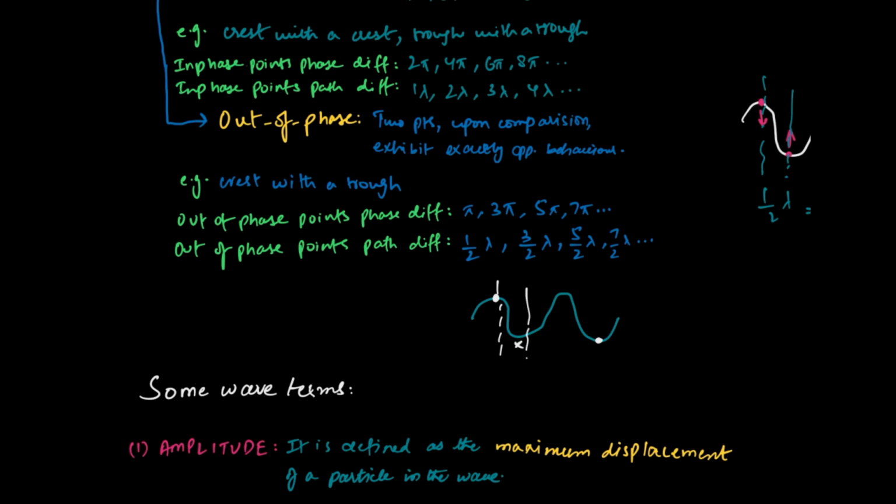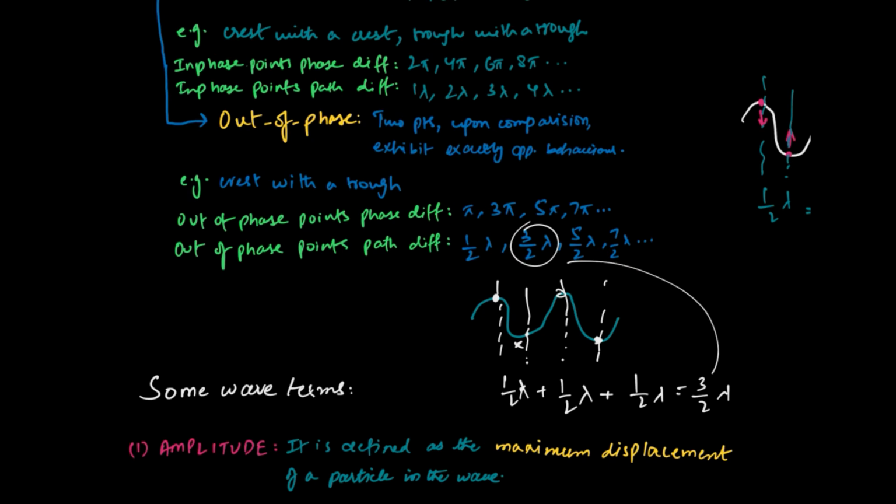Dividing it into 3 equal parts, it would be crest to trough half lambda, plus trough to crest half lambda, plus crest to trough half lambda. That makes it 3 upon 2 lambda. If we continue, it will be 5 upon 2, 7 upon 2, 9 upon 2, and so forth.